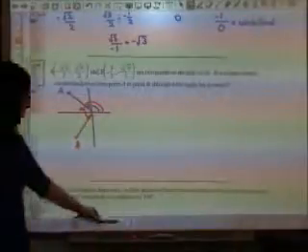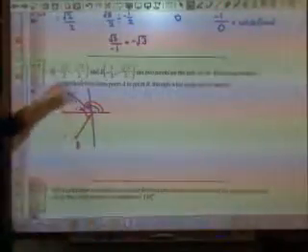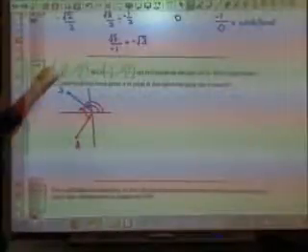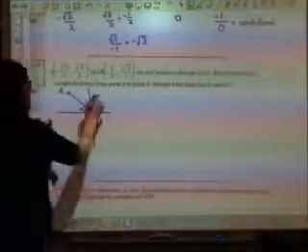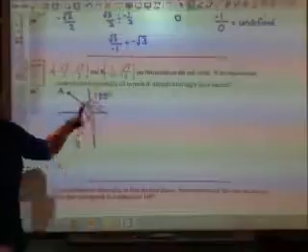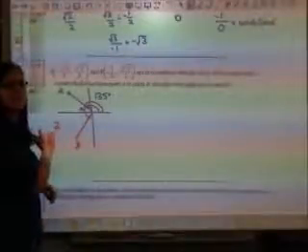So if I look at my unit circle and look for this coordinate, what angle does that create? 135 degrees. And if I look at the other coordinate, what is that? 240.